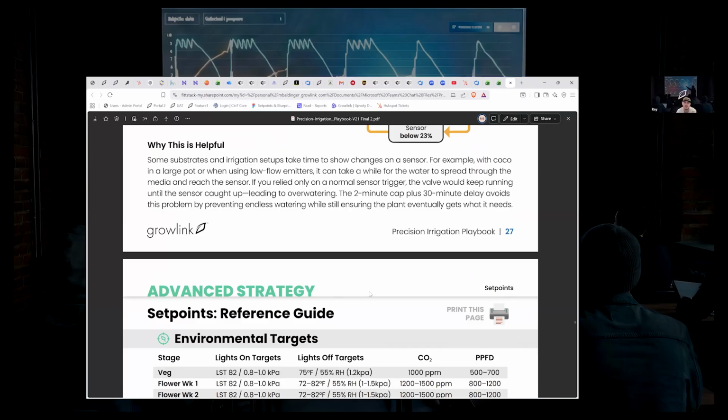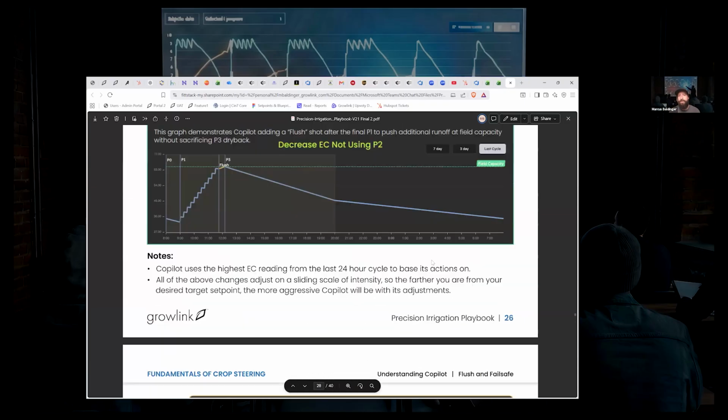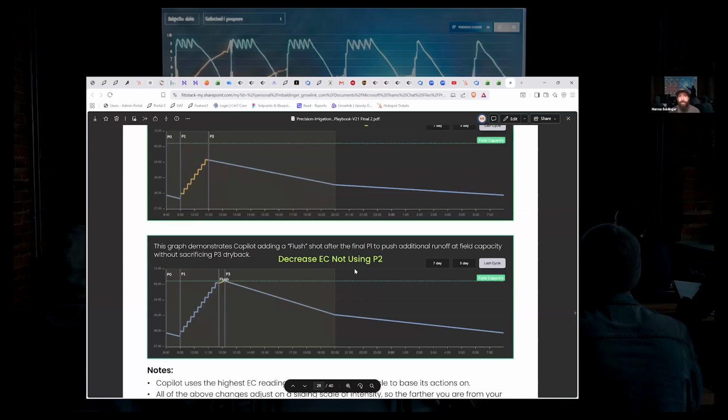Yeah, so when the program is doing auto EC targeting, it's always going to pay attention to the highest EC value that occurred during that 24-hour period. Sometimes that can follow suit with your moisture content, depending on what's going on in the substrate.